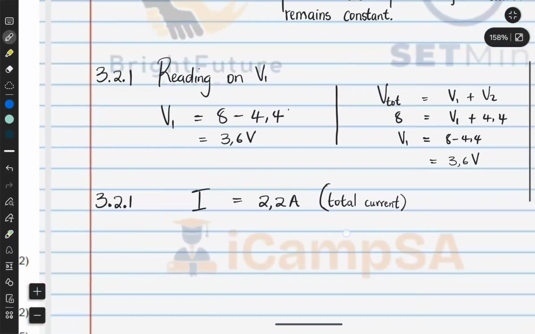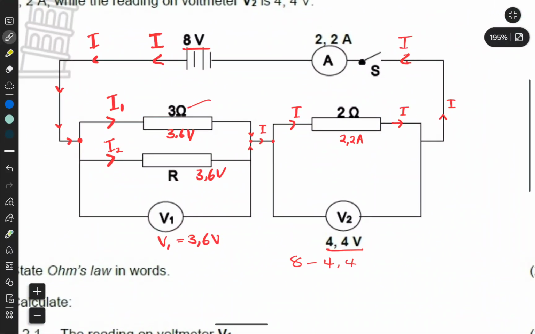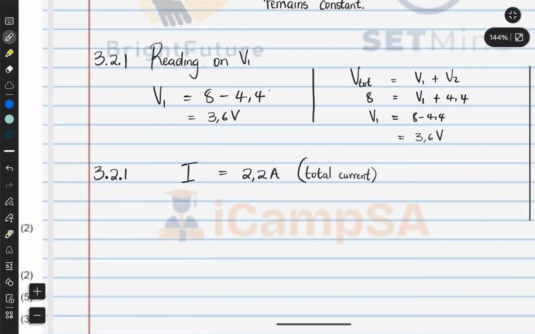That's method 1. Method 2, we can find the total resistance of these circuits. If we say R is V over I, we already have the total voltage and the total current. So from there, we would be able to solve for R. Let's start with method 1 actually.